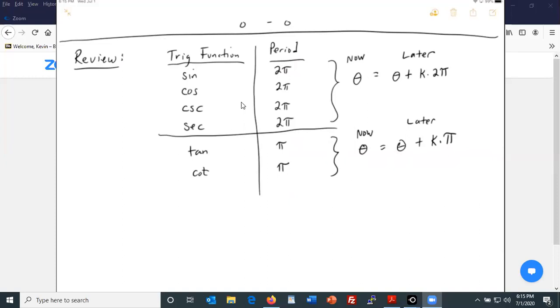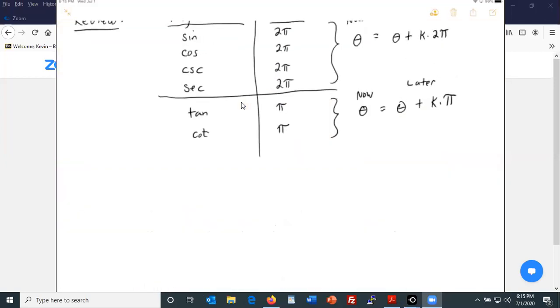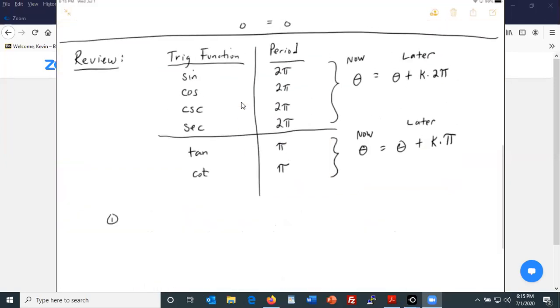All right, so let's write down this. So to kind of generalize what I'm saying here, number 1, trig functions typically have an infinite number of solutions.